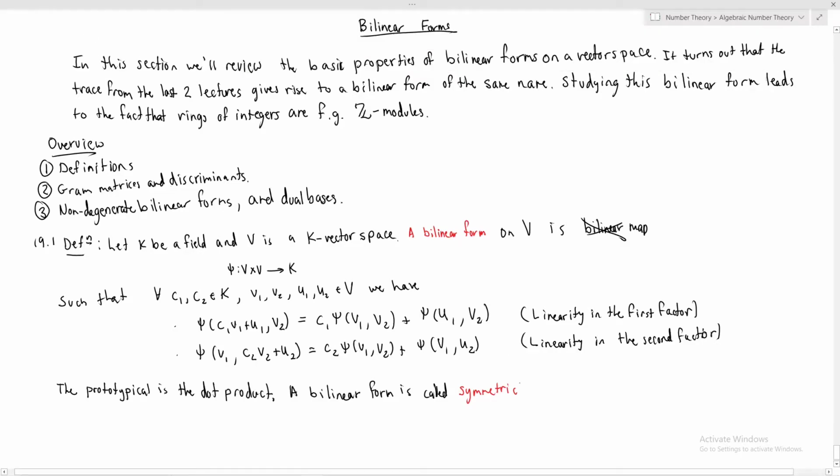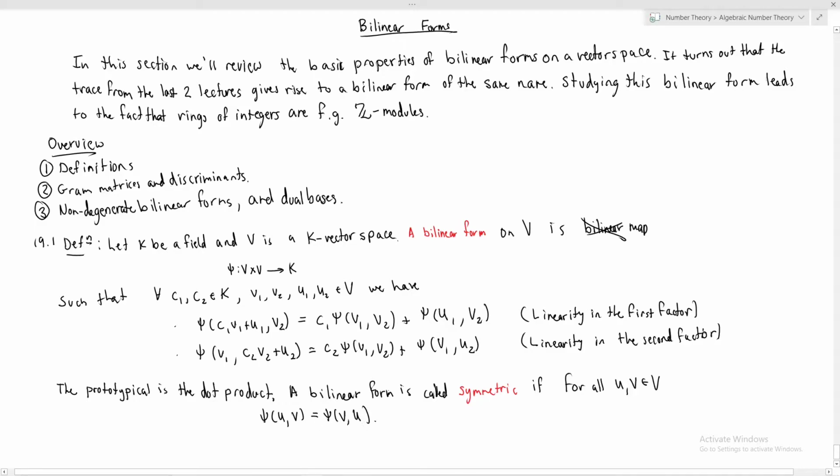So for all U and V, it doesn't matter which order I compute their pairing. Okay. So I can swap the entries in psi.